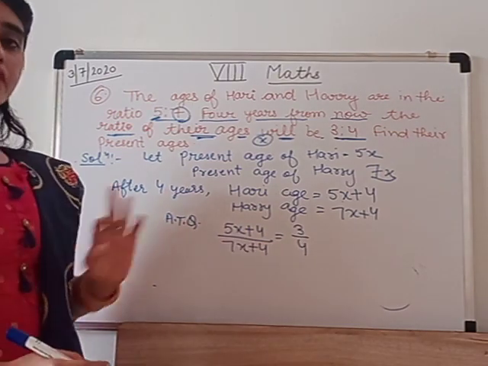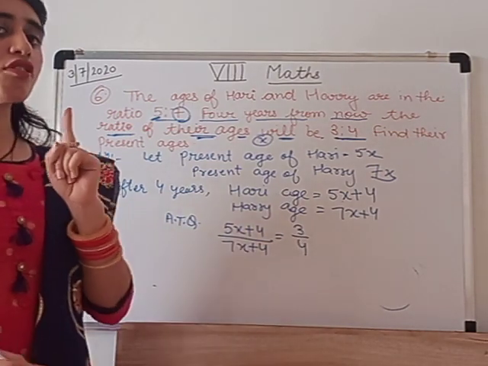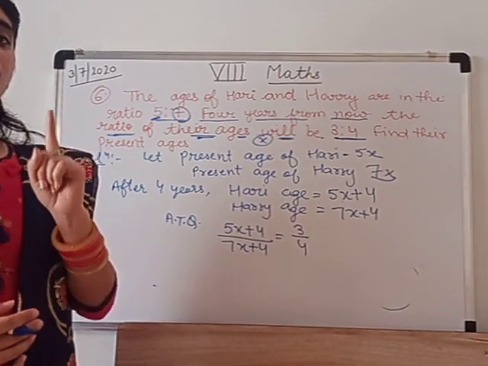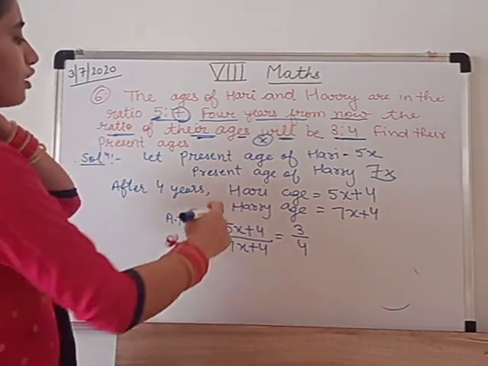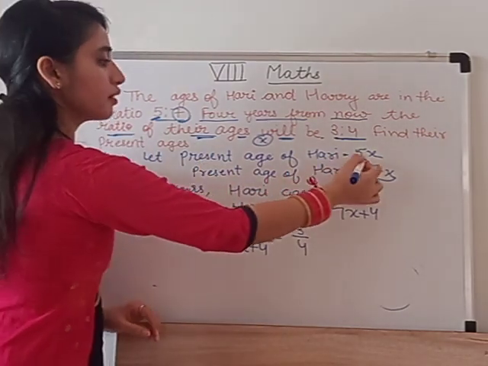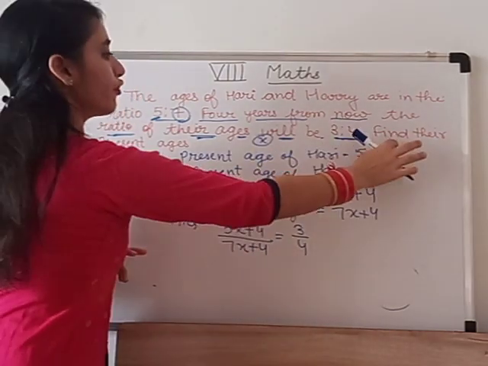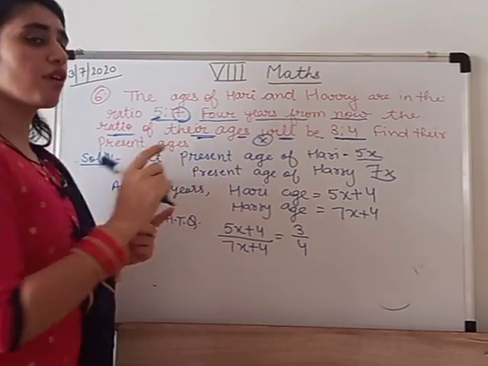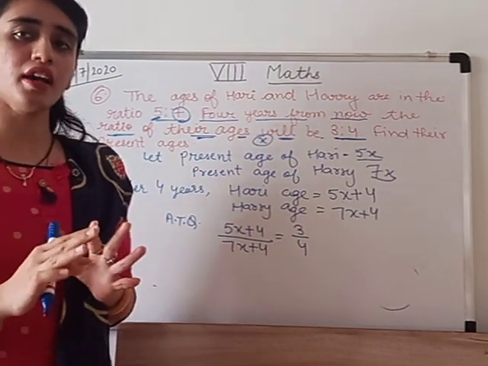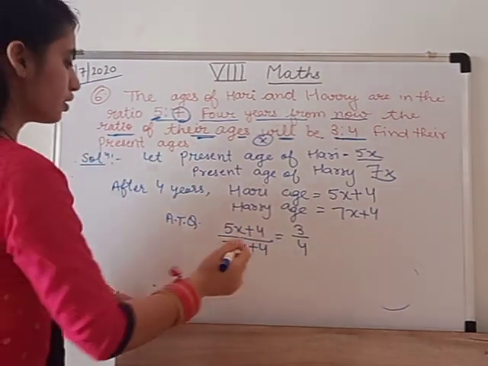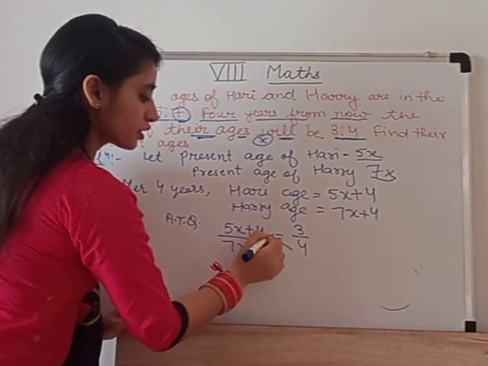Now solve this equation and find the value of x. After that, put the value of x in the present ages of Hari and Harry, because we have to find the present ages. So now start solving.